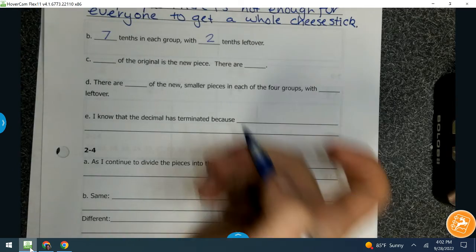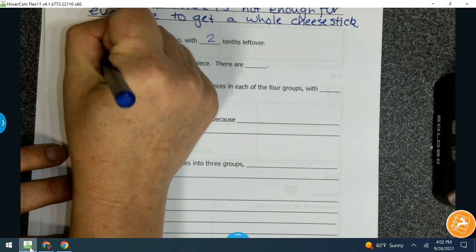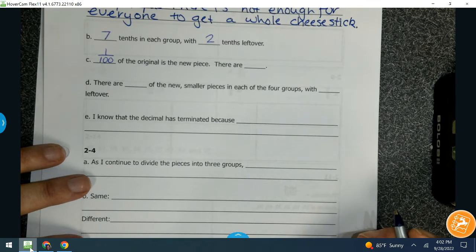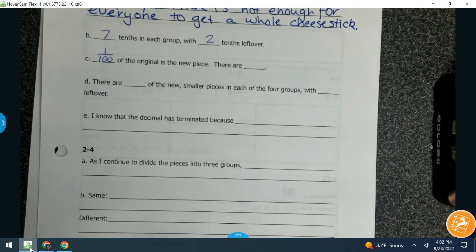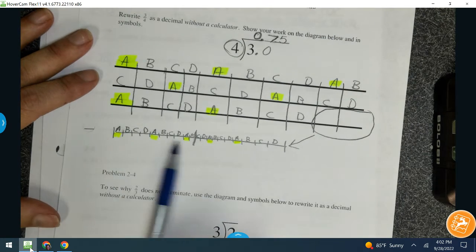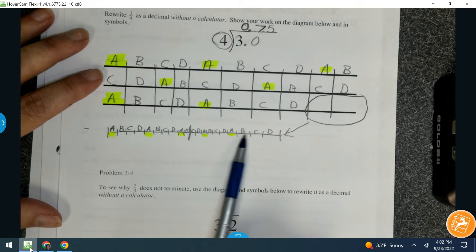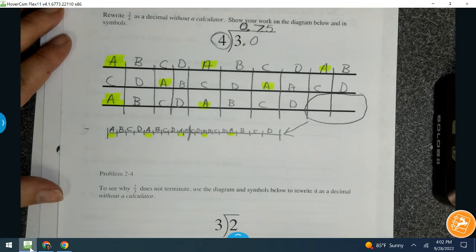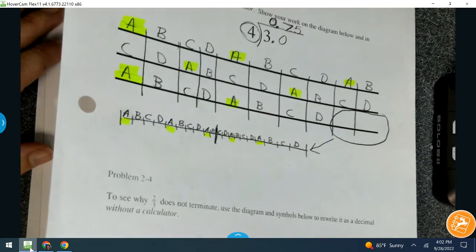So it's 1/100th of the original is the new piece. And when we go back to those leftover pieces, we've divided each one in this way.